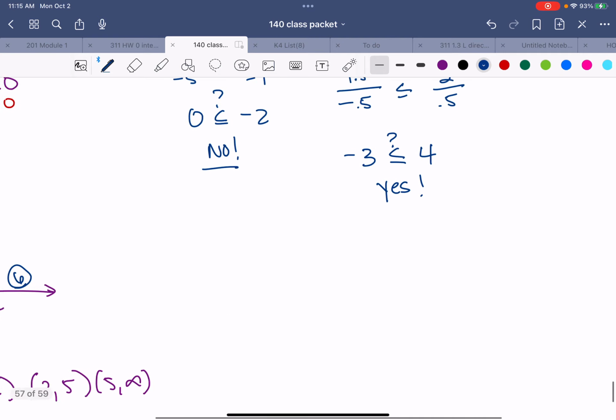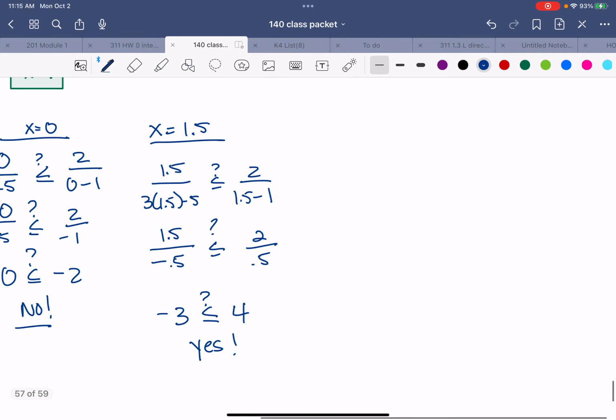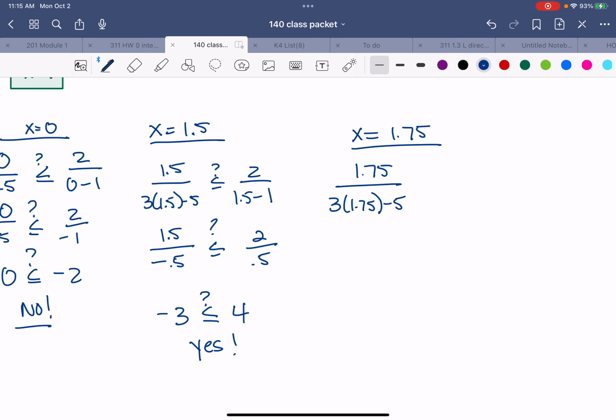All right, next we're plugging in 1.75. The decimals are a little tricky, so be a little bit careful here. 1.75 over 3 times 1.75 minus 5. Is that less than or equal to 2 over 1.75 minus 1? All right, so this is going to give us 1.75 over 3 times 1.75 is 5.25 minus 5 is 0.25.